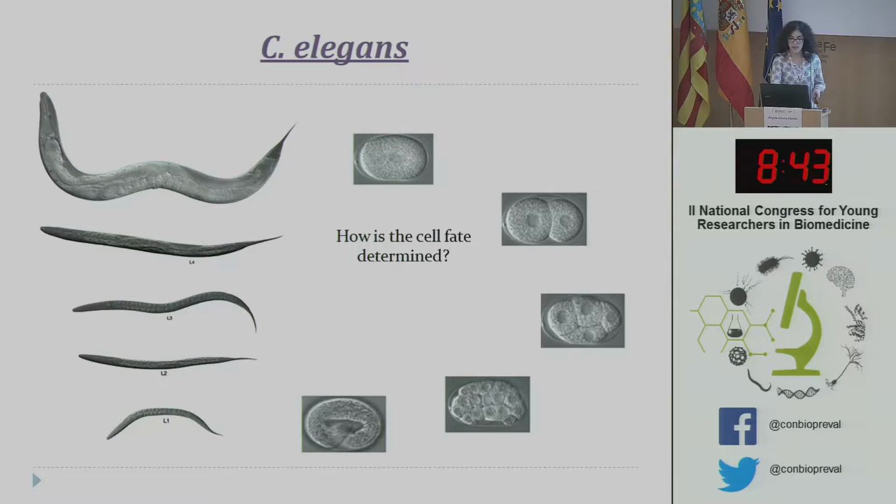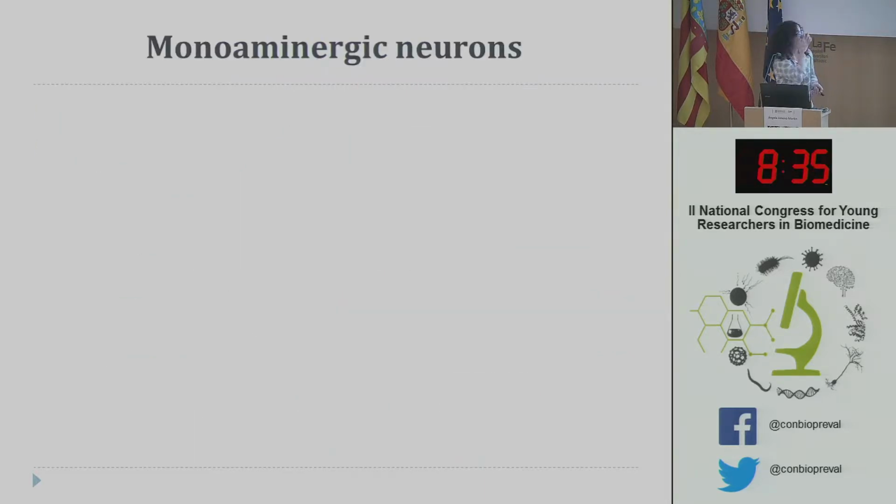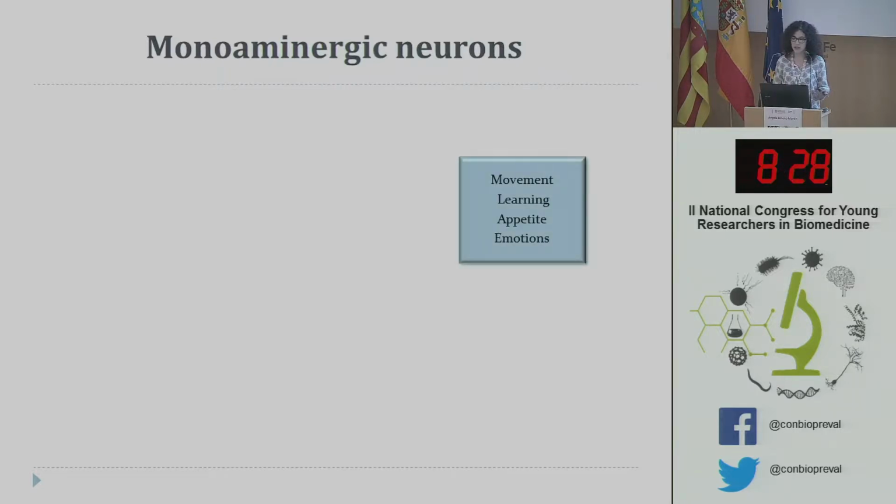But we cannot study all the cell types in the worm, so we focus on how neurons in this animal become neurons. And in my case, I'm interested in the monoaminergic neurons, which are in charge of a plethora of behaviors such as movement, learning, appetite, and emotions. But the imbalance in this neuronal subpopulation can also lead to several diseases such as Parkinson's or schizophrenia.